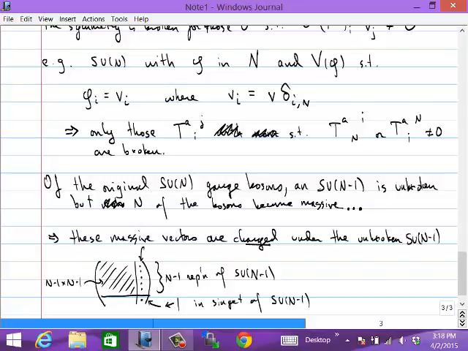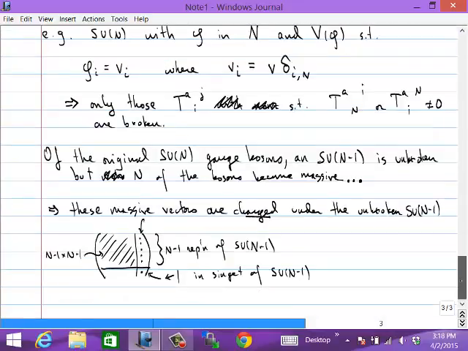Since this is not completely and explicitly clear, what I recommend that you do is work out explicitly how the gauge bosons transform in this case. I guess you're going to have to do this for problem 2 that I just handed out, in the more complicated adjoint case.